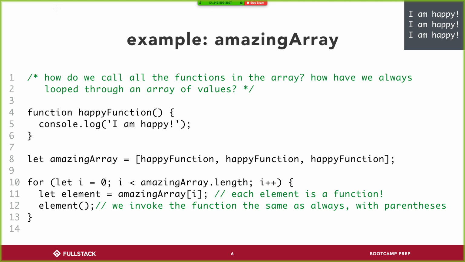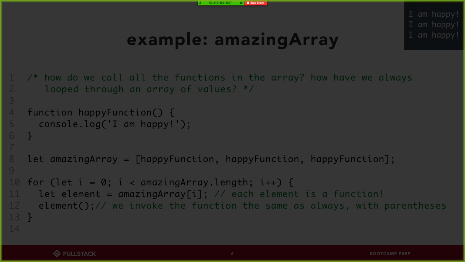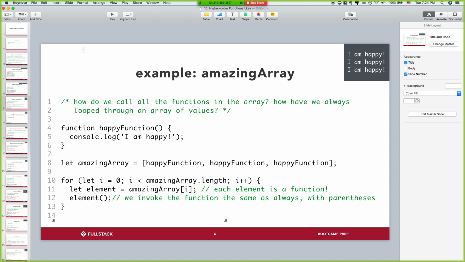We're calling it element now instead of happy function, but underlying that variable is still the same function. Raymond says it will log I am happy 3 times, and it does just that.